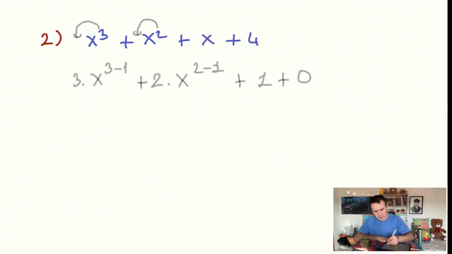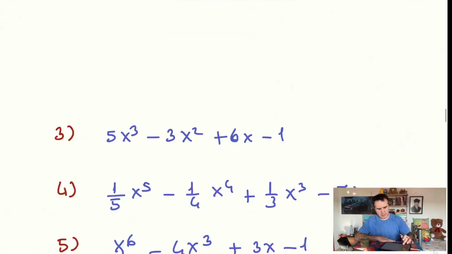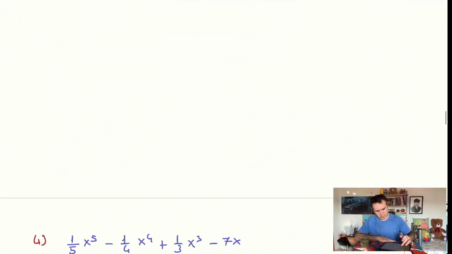Then the derivative will become 3 times x squared plus 2 times x plus 1. And next problem.